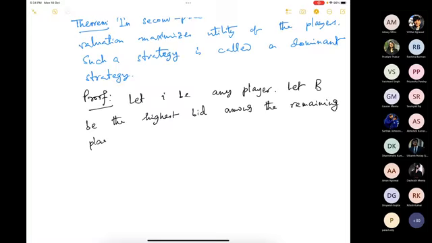Okay, what do you mean by remaining players? You delete i for the time being and look at the bids of all the other players, and suppose B is the highest bid. Okay.